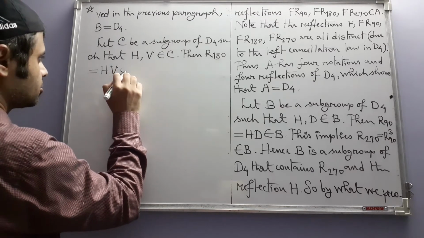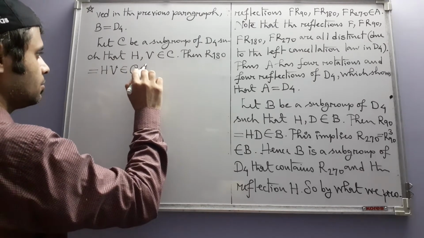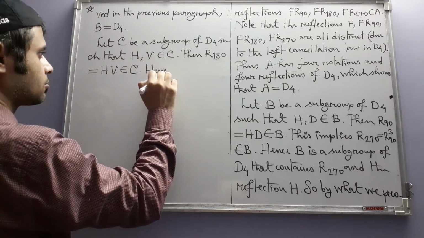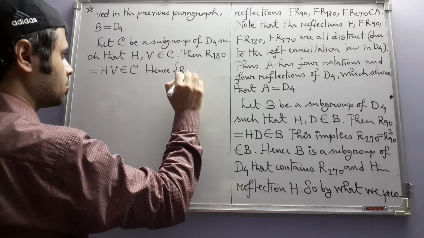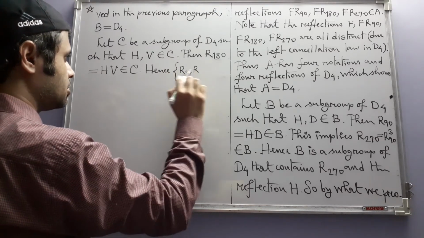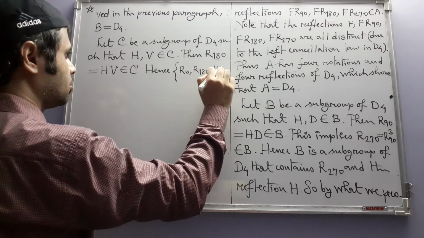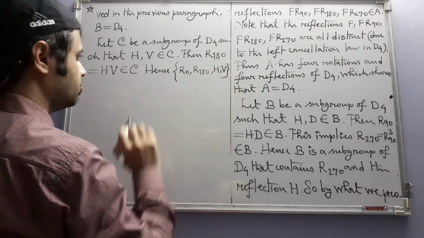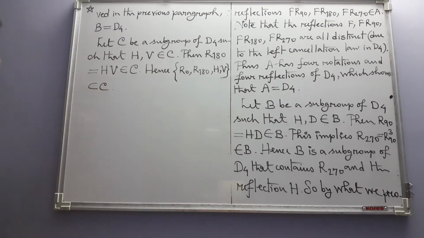So this will also belong to C, hence the subset consisting of R0, R180, H and V is a subset of C.